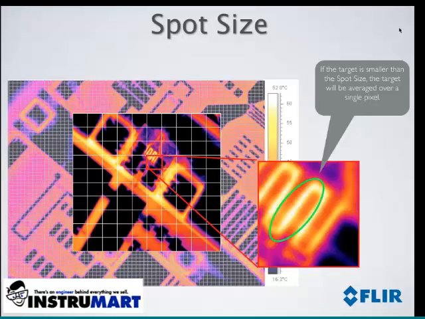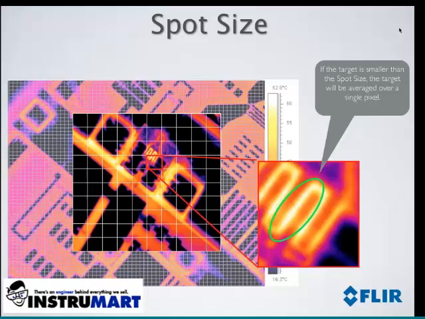Now, remember, just like the infrared thermometer, it was so important that my target was larger than the spot size. And the same is true for an infrared camera. In fact, if the target is smaller than the spot size, that target will be averaged over a single pixel. And if it's averaged, I may not even see it with the infrared camera. I most certainly will not be able to measure it.